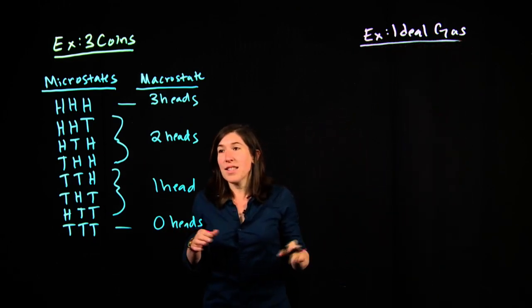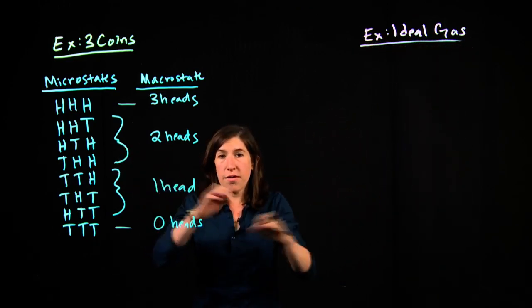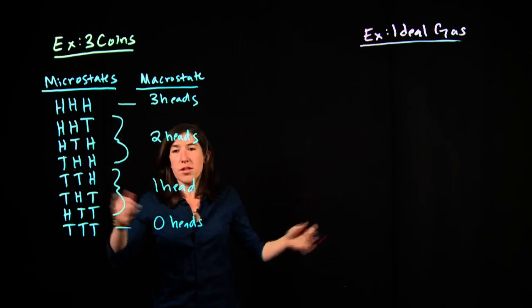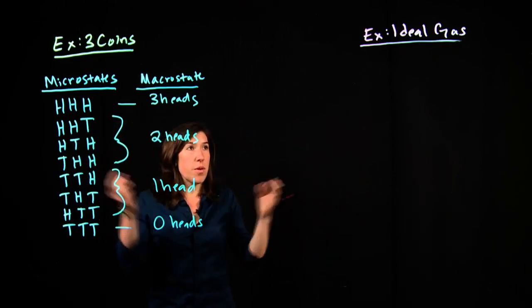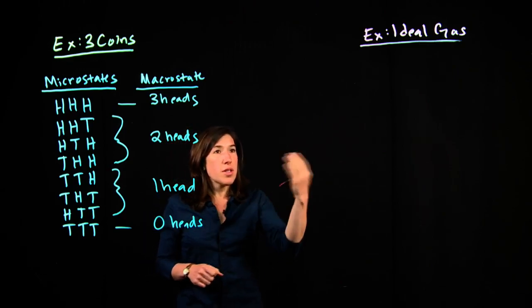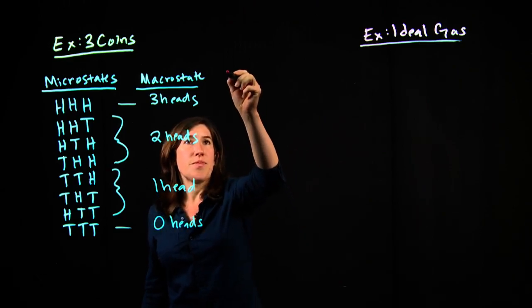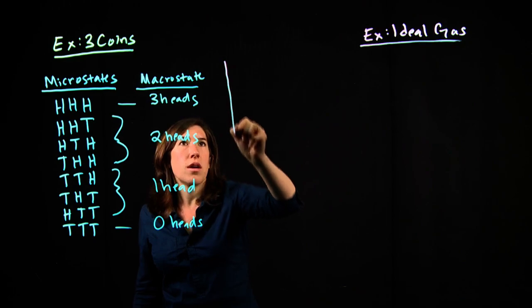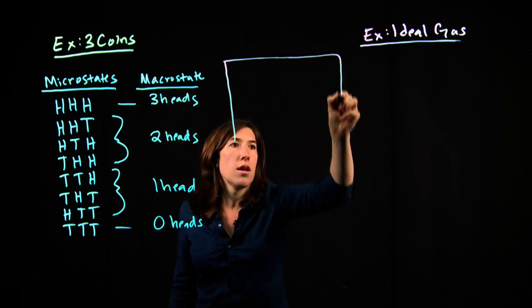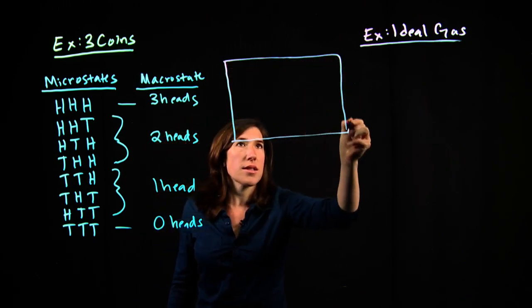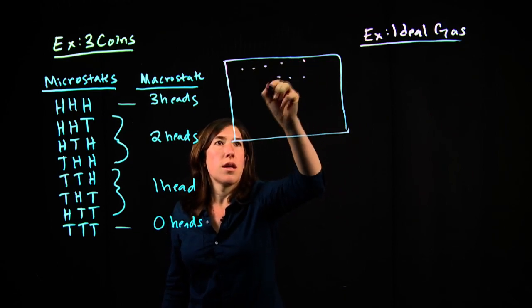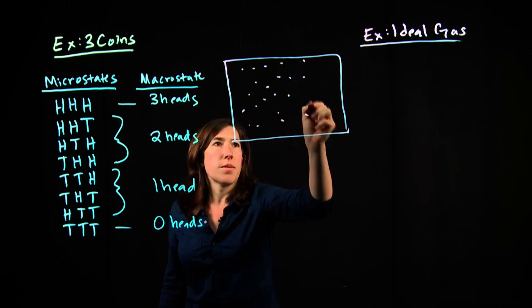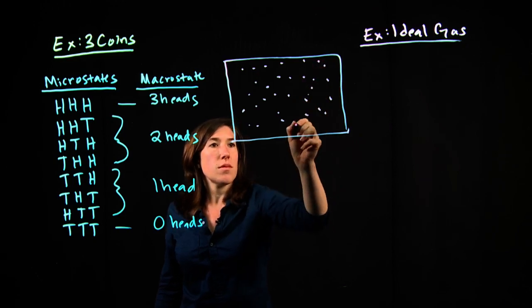So an ideal gas, like I said, we know is made up of generally tons of particles, maybe of order Avogadro's number of particles. So let's consider some ideal gas. We just have some box, and there's a bunch of particles in it.